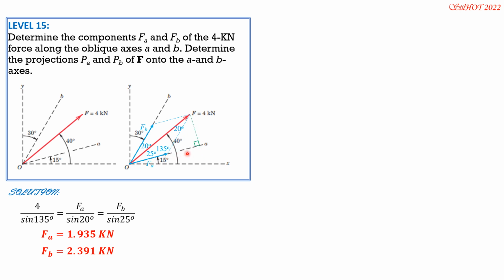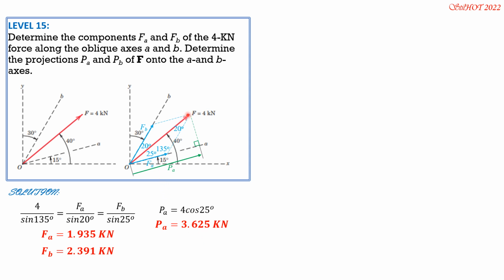Then for the orthogonal components, we draw from the tip of F perpendicular to A first. Then this is P sub A. Notice that this is a right triangle and the angle is 25. This one is adjacent, so it is the hypotenuse times cosine 25. So P sub A, the orthogonal component of F onto A, is 4 cosine 25, which is 3.625 kilonewtons.